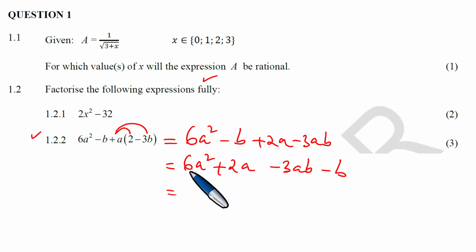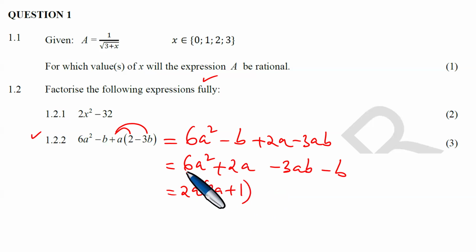So, you see that it's important. We have the a terms here, the 6a squared and the 2a, and then the minus 3ab and the minus b. So that in the end you'd have 2a like this, then 3a and 1. Because if you factor out 2a, in the place of this one you're left with 1.